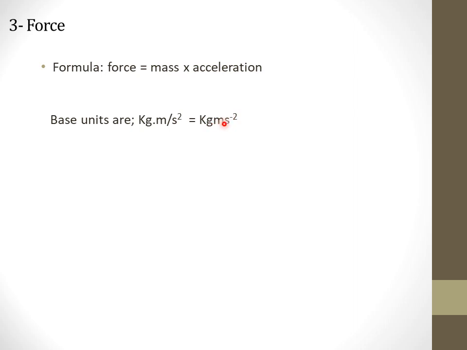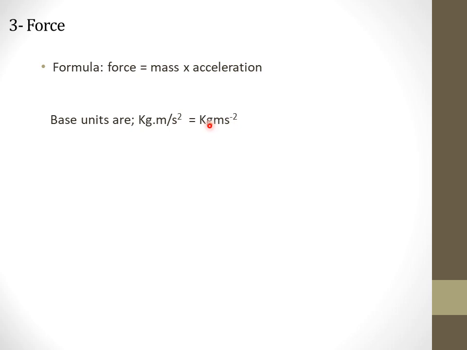So this is kilogram meter second to the power minus 2. We identify the dimensions attached to kilogram, which is M, to meter, which is L, and to second, which is T.